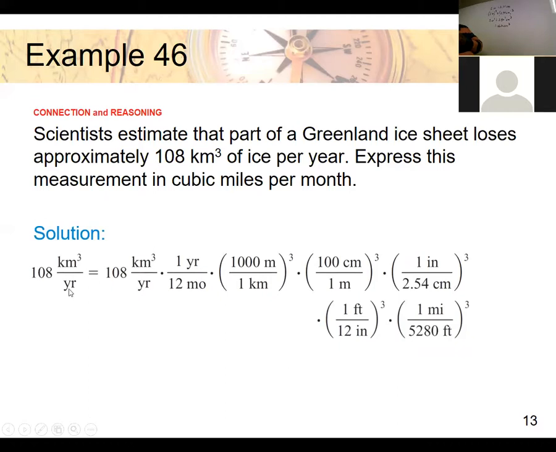Well, let's think about this. 1 year is equivalent to 12 months. So here, they put 1 year on the top because they want to get rid of the years, and divide that by 12 months.